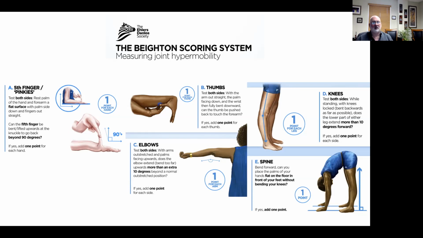There's a lot of people who are hypermobile who don't have EDS or any symptoms of having EDS. They're just very good gymnasts or very good dancers. But this is the first clue that you can pretty much in 5 minutes figure out, are you hypermobile? Next one.